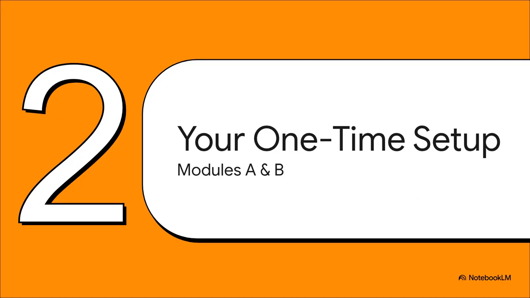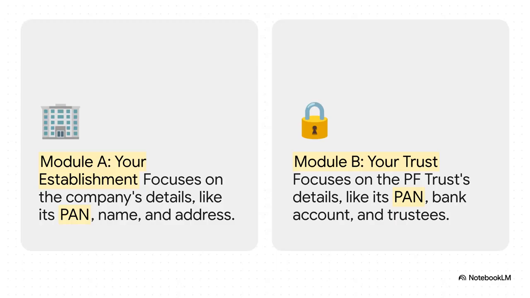Okay, so let's start right at the beginning. Before you even think about the monthly stuff, you've got to lay the groundwork. It's all about building that solid foundation, and that means getting modules A and B completely sorted out first. Now, this is super important. Modules A and B are not the same thing, and you can't mix them up. Module A is all about your company.